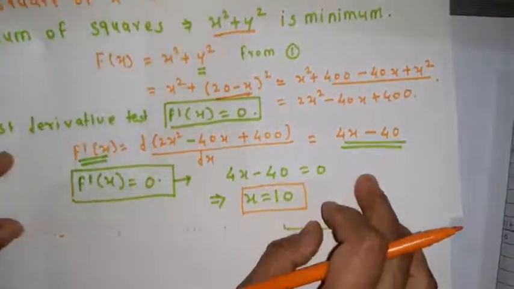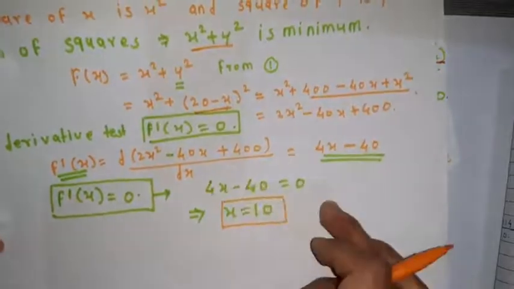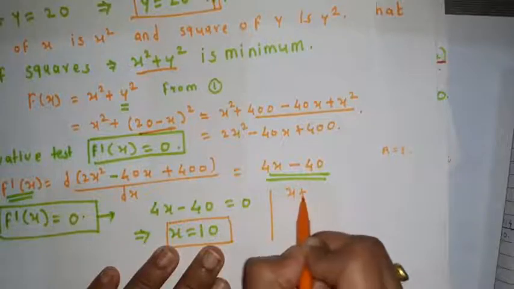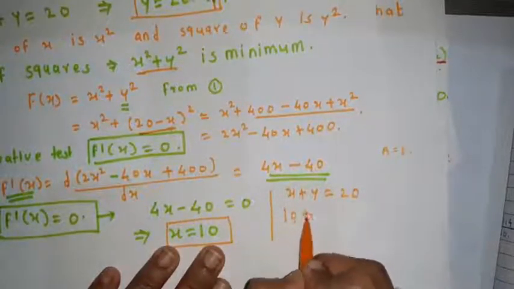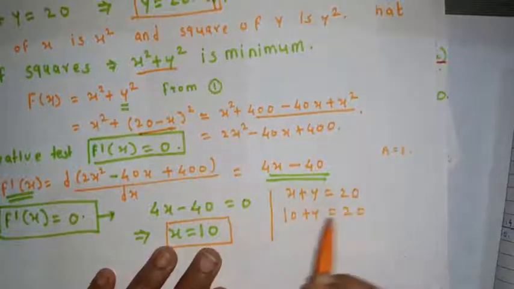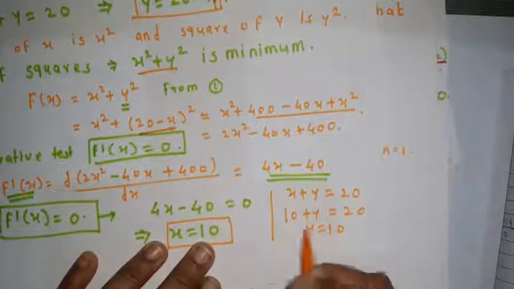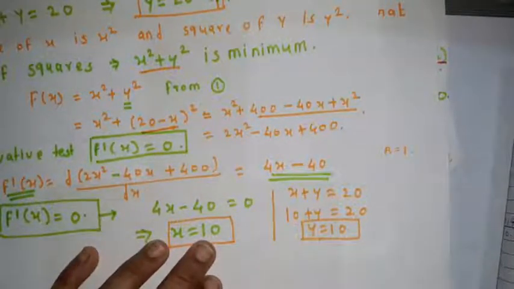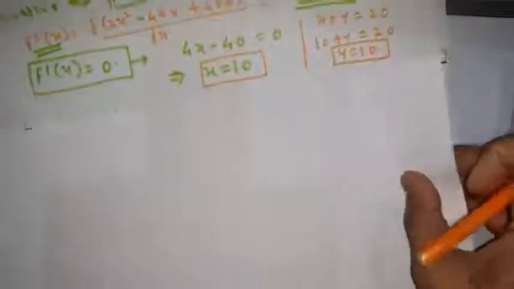Okay, students. So, if the value of x equals 10, then what is the value of y? As x plus y equal to 20, therefore with x equal to 10, the value of y is also 10. Now we have to check this value, that is x equal to 10 and y equal to 10.